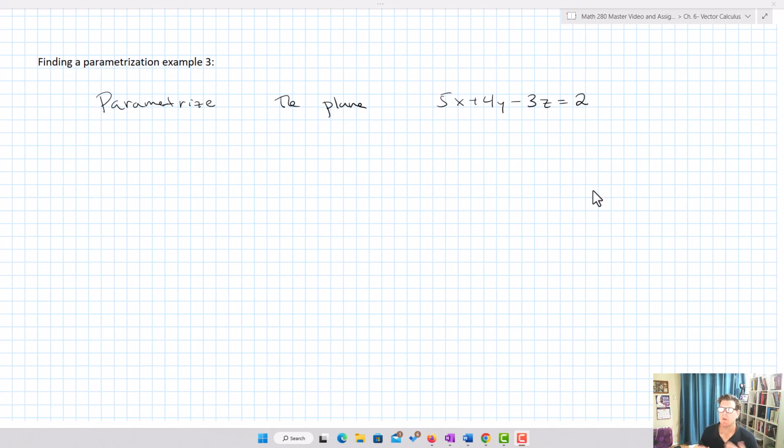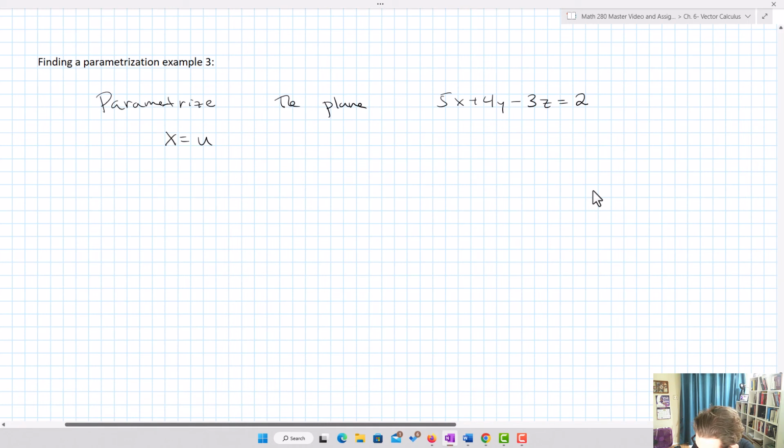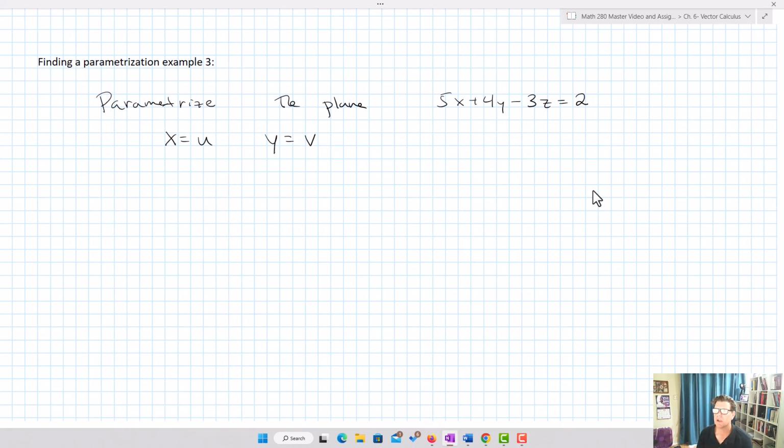Let's take a look at something that we've parametrized before and discuss what it might look like if we were to parametrize the surface in terms of u and v. Let's say we want to parametrize the plane 5x plus 4y minus 3z equals 2. The easiest thing for me to do is let x equal u and y equal v. That is a very common thing to do when we're parametrizing a plane. And so I get 5u plus 4v minus 3z equals 2.